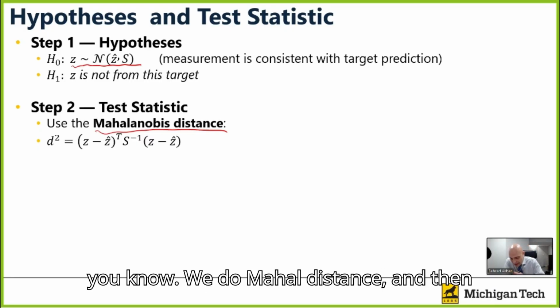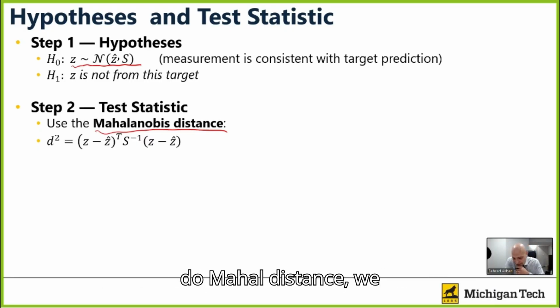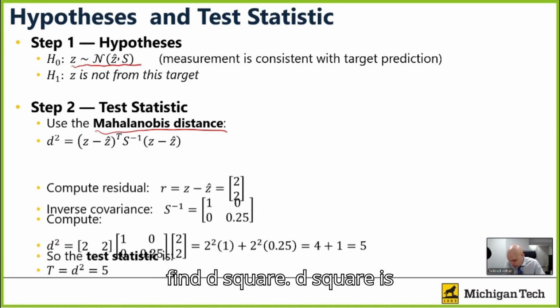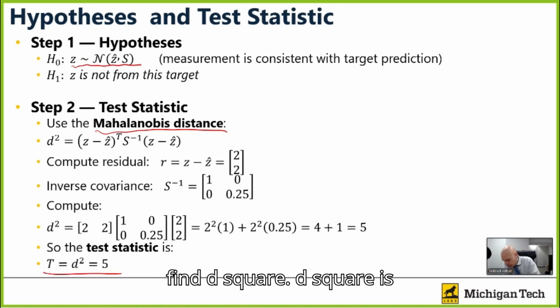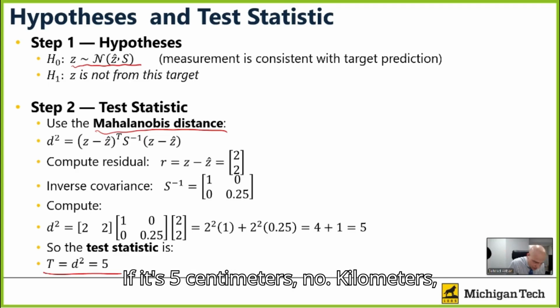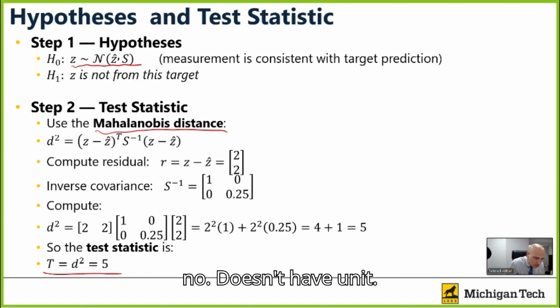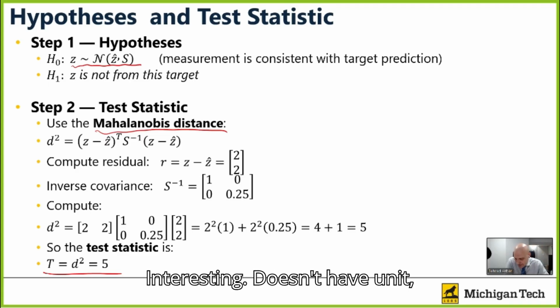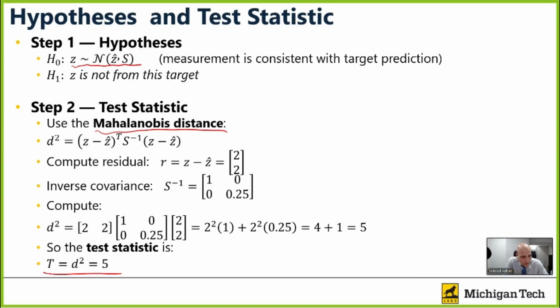We do Mahal distance, and when we do Mahal distance, we find D square. D square is 5. Is it 5 meters? No. 5 centimeters? No. Kilometers? No. It doesn't have unit. Interesting. It doesn't have unit, but it has something.